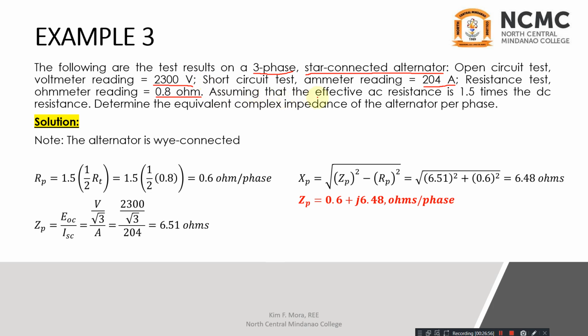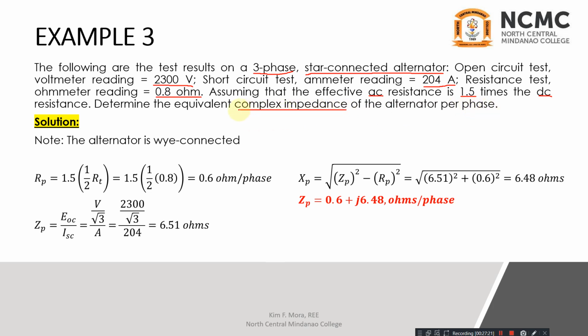Then assume that the effective AC resistance is 1.5 times the DC resistance. Determine the equivalent complex impedance of the alternator per phase. So what is the impedance?